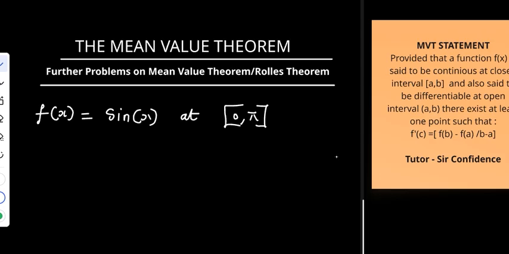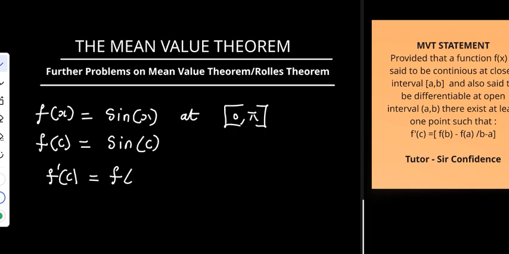So the first thing we need to do is to find f of c. What will be f of c? f of c would be equal to sine c. Then we need to find f prime of c, but let's outline the mean value theorem formula, which says f prime of c is equal to f of b minus f of a over b minus a.